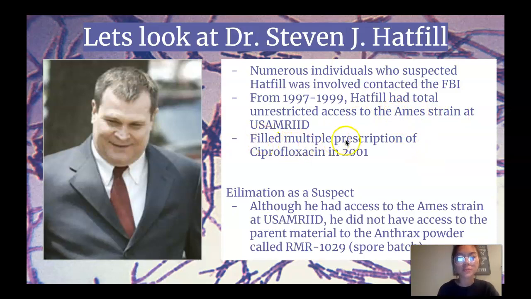He also filled multiple prescriptions of ciprofloxacin in 2001, and at this time, this was the only known antibiotic that would treat anthrax symptoms post-onset. However, ultimately, he was eliminated as a suspect, and although he did have access to the MS strain at this lab, he did not have access to RMR 1029, which is the actual spore batch which the spores from the letters came from.